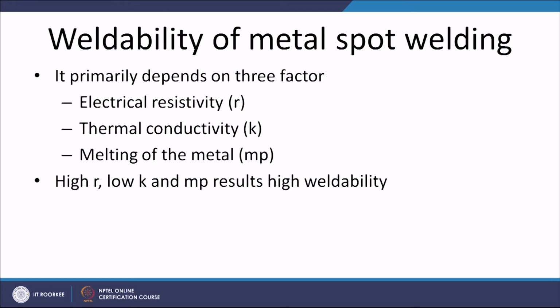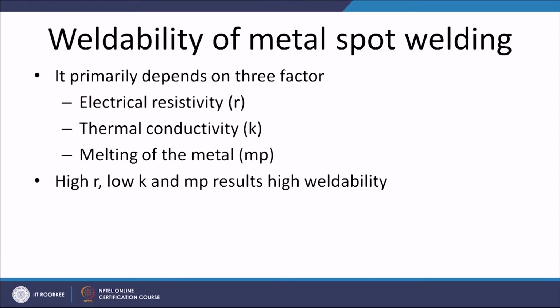Heat generation: high R, meaning high electrical resistivity, will ensure higher heat generation for a given current supply. Low conductivity will reduce the heat dissipation to the base metal, and a low melting point will ensure that the melting takes place at a faster rate. The combination of all these three factors in turn results in higher weldability.